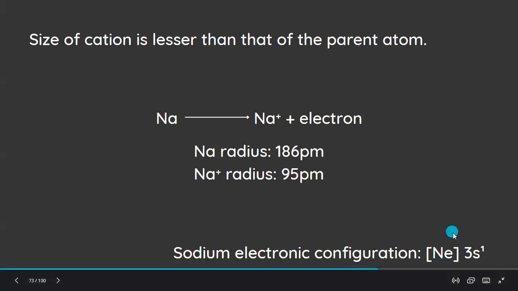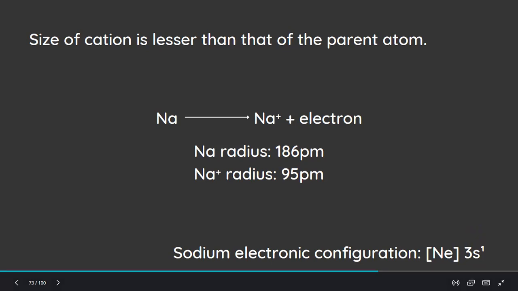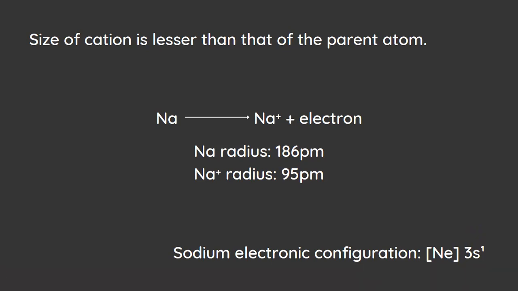Here, if you see the electronic configuration, the outermost shell only has one electron. So when it forms the Na plus ion, it loses the electron from the 3s subshell. So what happens is, even if it lost an electron, the magnitude of the nuclear charge stays the same.